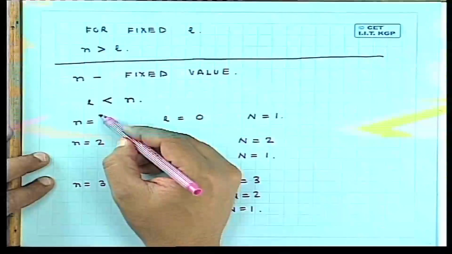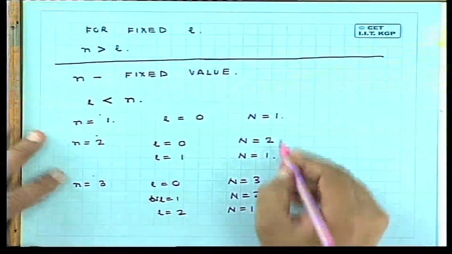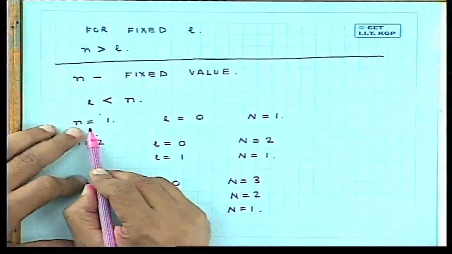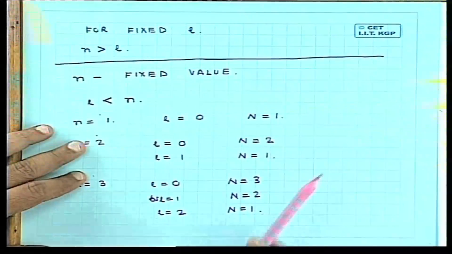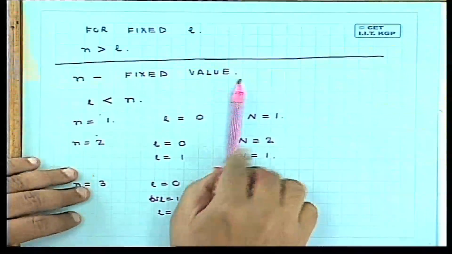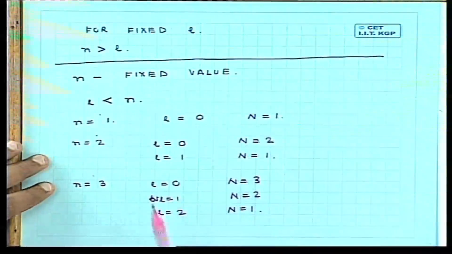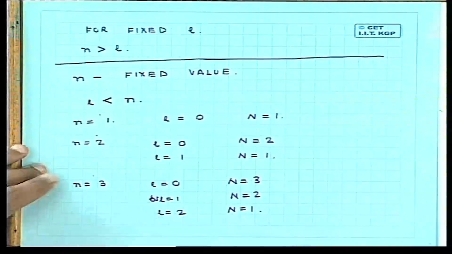The energy depends only on this value of n. So I need not specify this capital N. The capital N can be determined once I know n and L, and the capital N will only appear when I try to determine the polynomial, which is a part of the wave function.